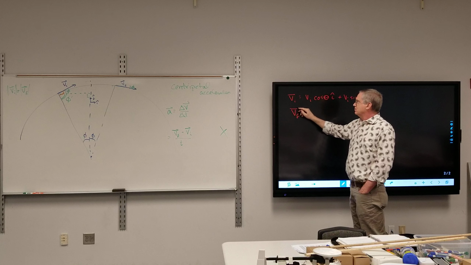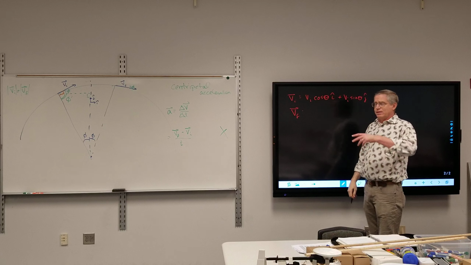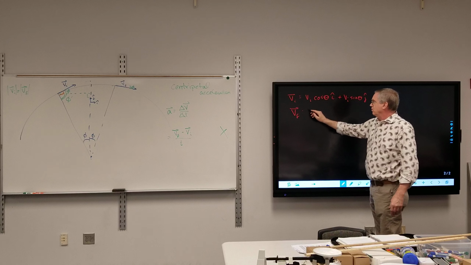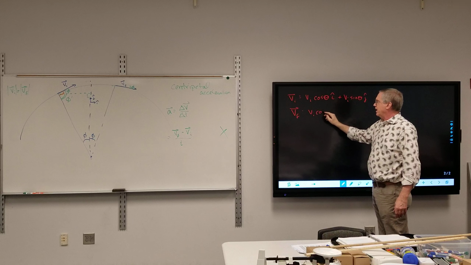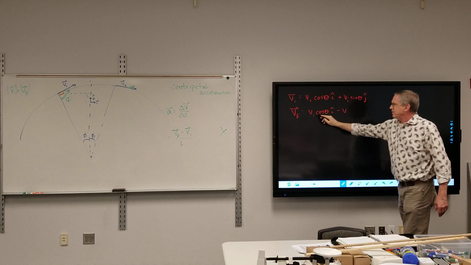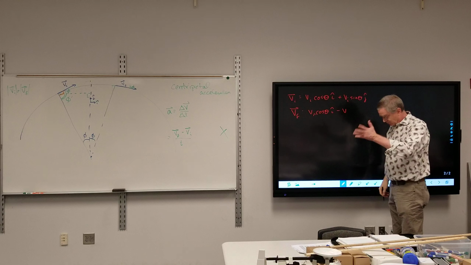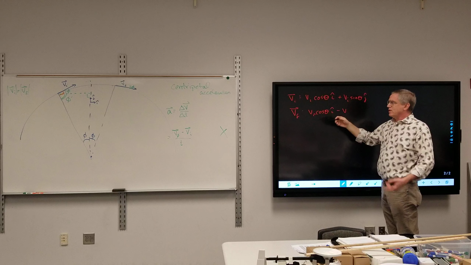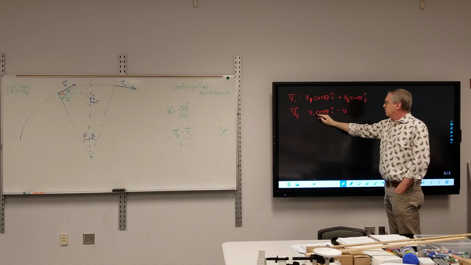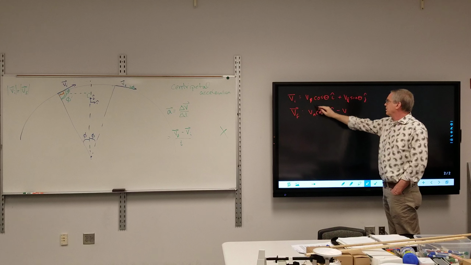V final is very similar, except that it's not going up and to the right, it's going down and to the right. So it's going to be V cosine theta i hat minus V sine theta j hat. All these V's are the same, the magnitudes are the same, so I don't need a subscript.